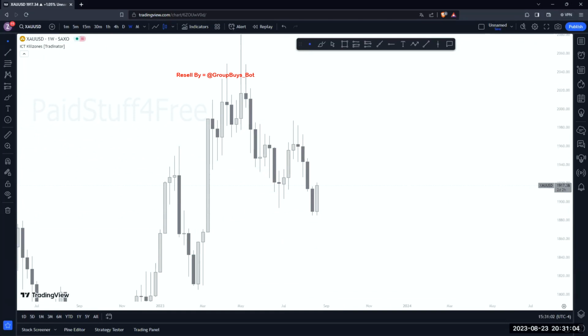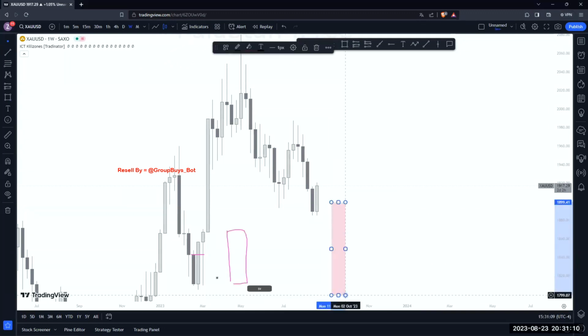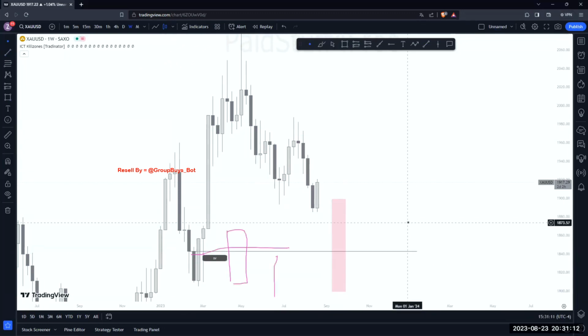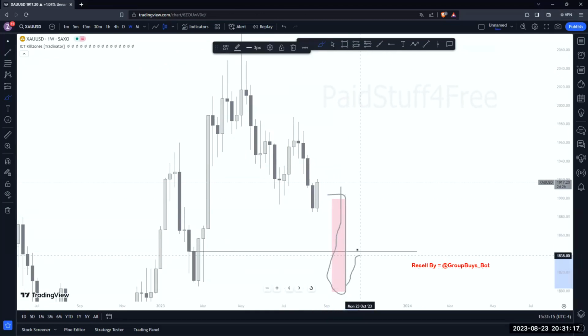I think what he's asking is, if this is unfresh, what happens if a body closes here and it comes back here, will it be a fresh level? Yes, it will be a fresh level after it breaks it, and then we can sell again from it.